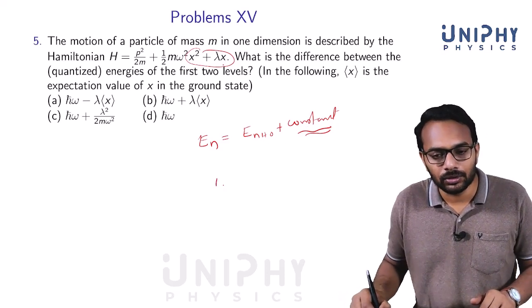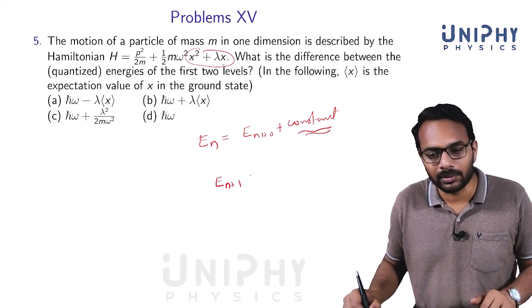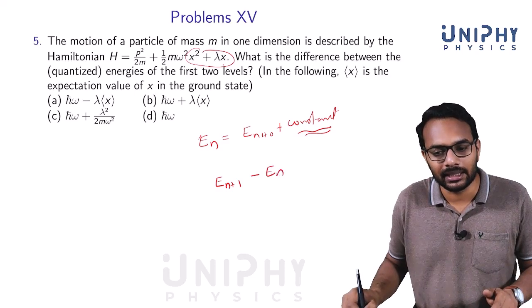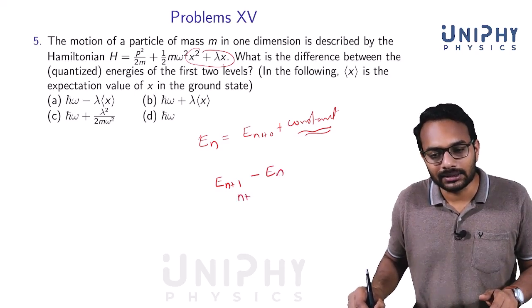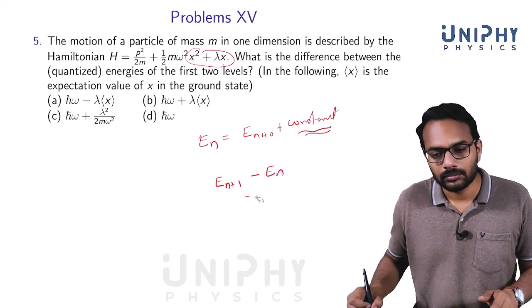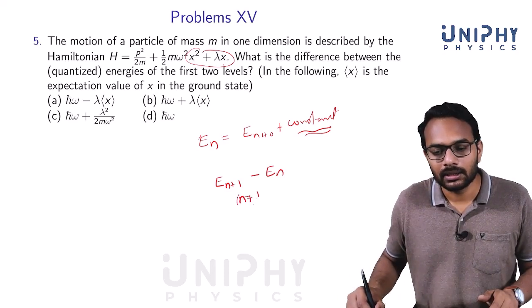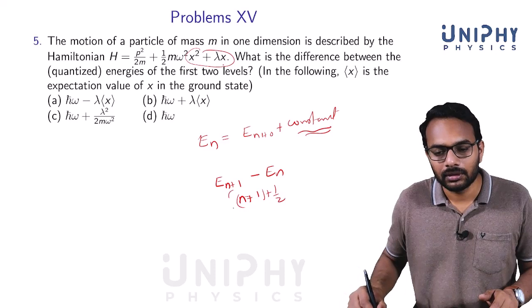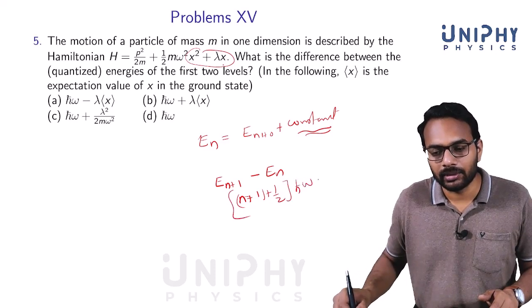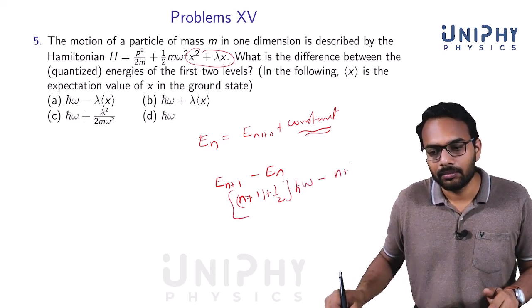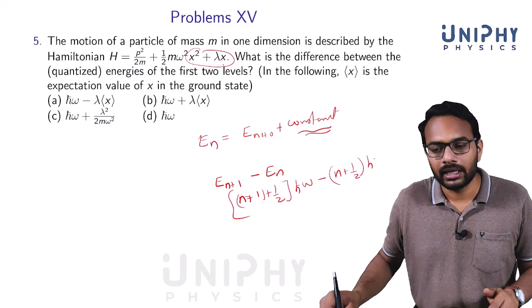So what you need to do is simply find E(n+1) for the harmonic oscillator minus En, which is (n+1+1/2) h cross omega minus (n+1/2) h cross omega.